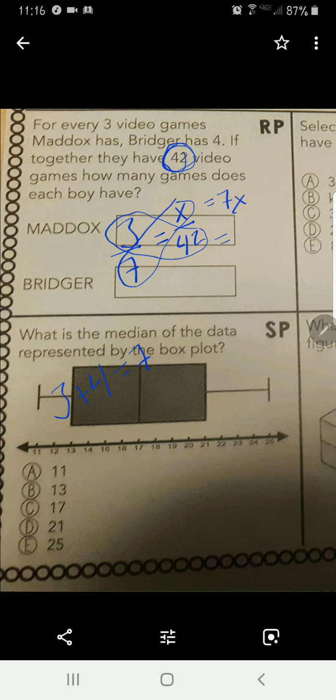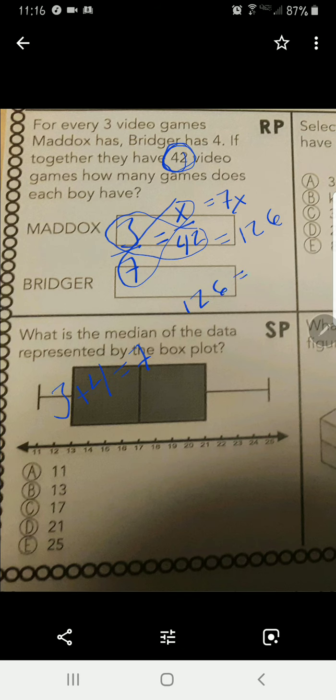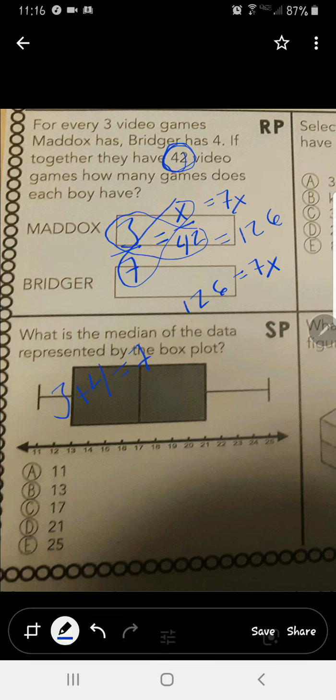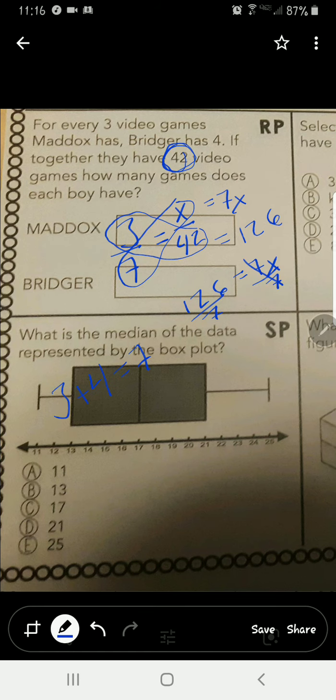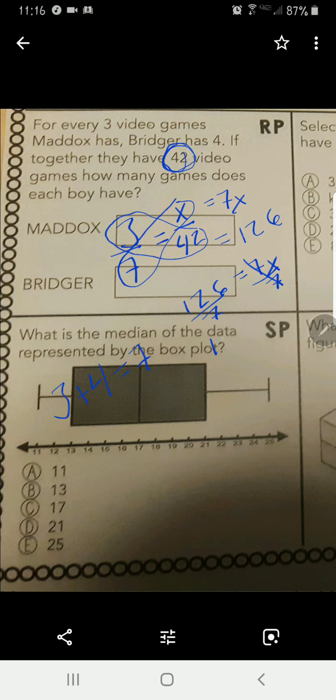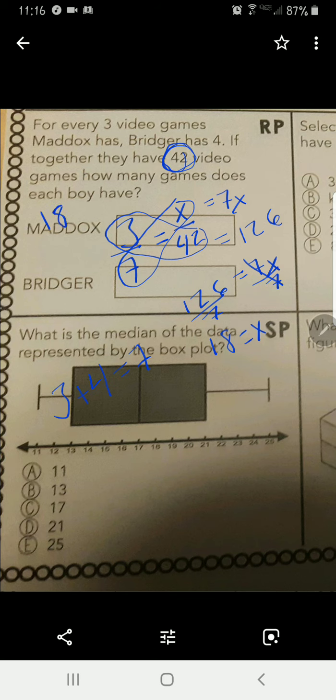Now I'm sure there's different methods to do this. In fact, I can think of a few, but I'm just doing it this way. So 126 is going to equal 7x. Inverse operations, divide by 7. 126 divided by 7 is 18, equals x. So that means Maddox, our boy, has 18 out of that 42.